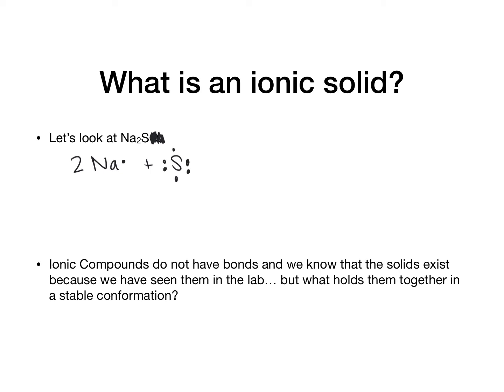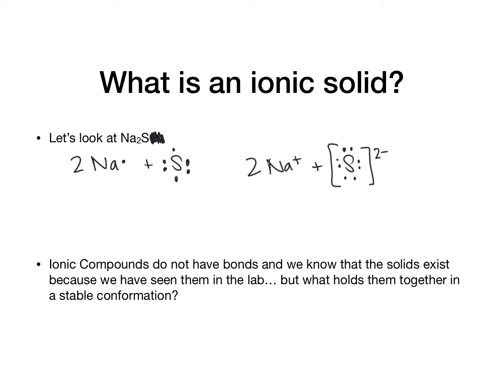We could imagine that both sodiums are going to donate to the sulfur. So we get 2 Na plus and S with 8 valence electrons, and it now has a 2 minus charge.